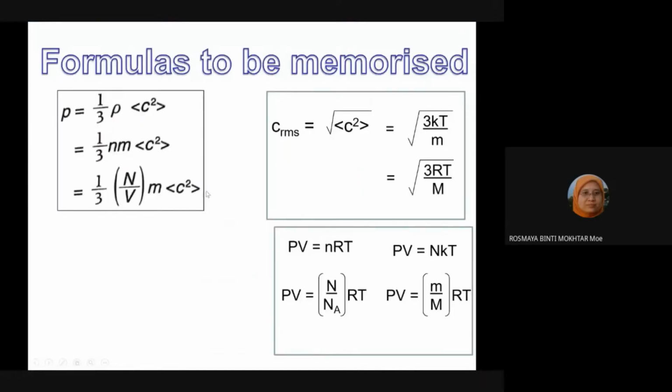These three formulas we have discussed before. I hope you have all memorized these formulas and how to derive them. Now we continue with the empty one here, for the kinetic energy formula to be put here.